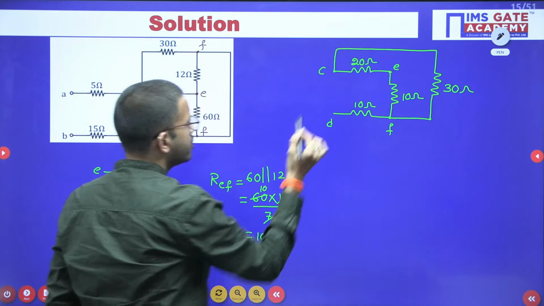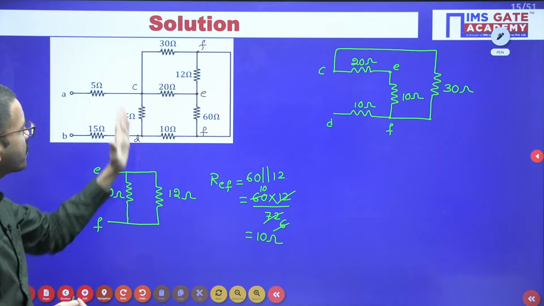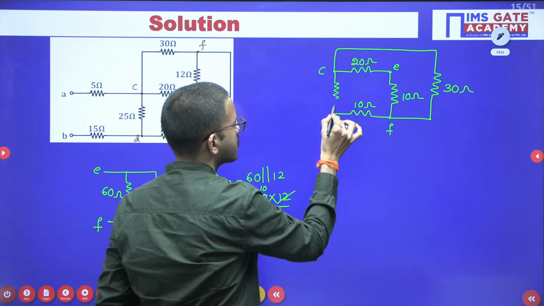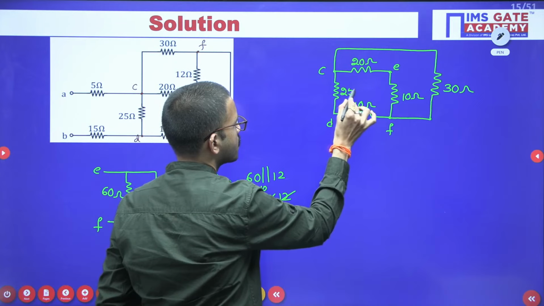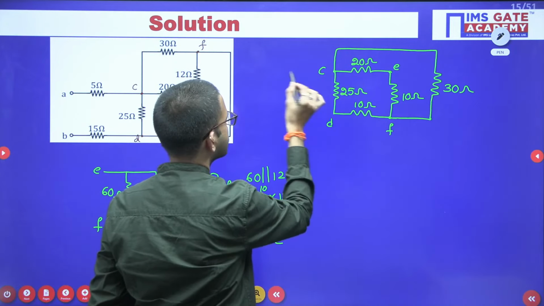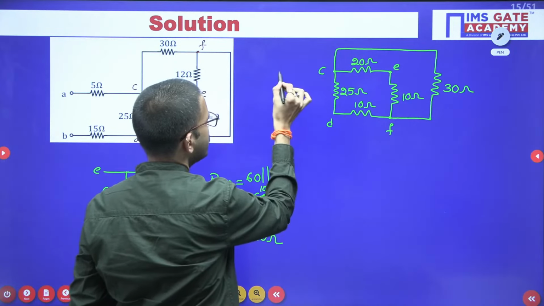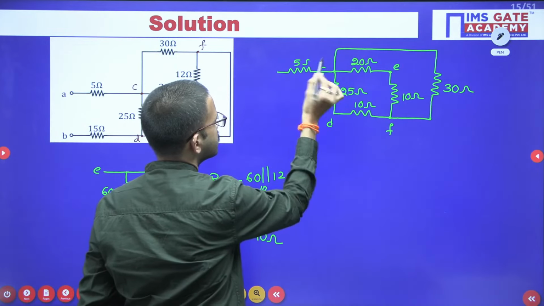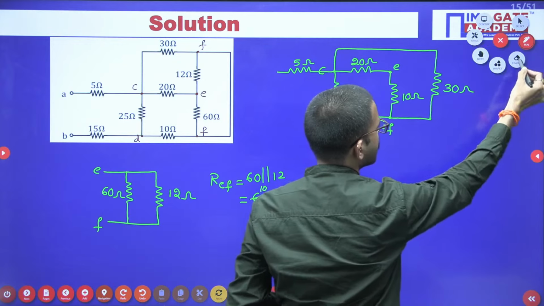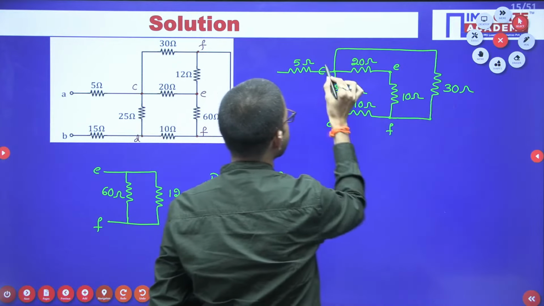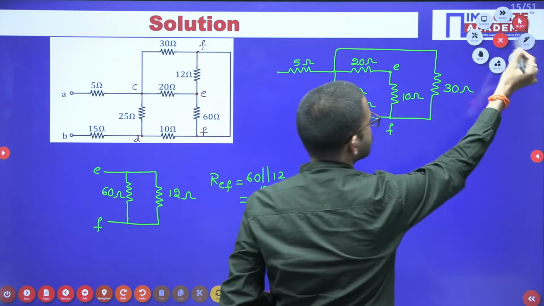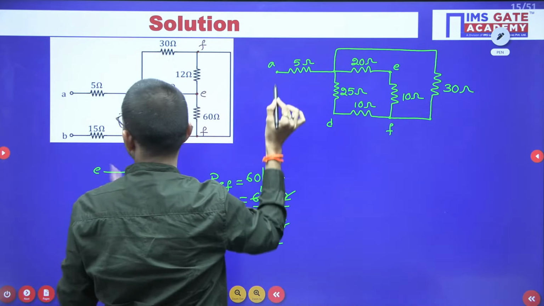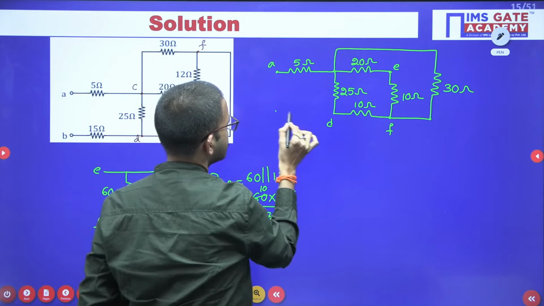Between D and F, you are having 10 ohm, and between C and D, you are having 25 ohm. After this you are having 5 ohm, and then here you are having 15 ohm.